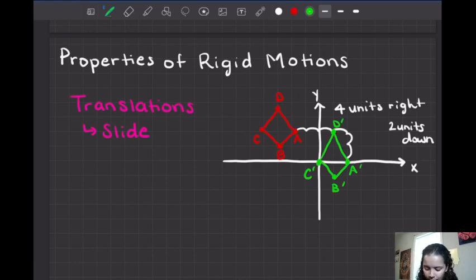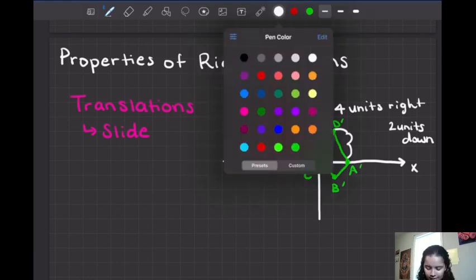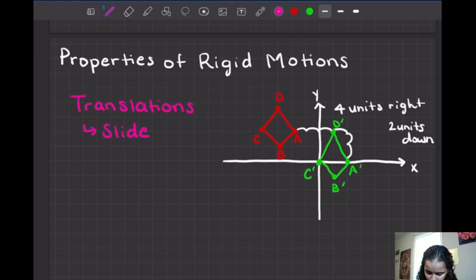So the property of translation specifically: if I were to draw a line segment connecting the point of the pre-image to the image, for each of these points, so let's say I draw a line segment connecting C and C prime, connecting B and B prime, and connecting A and A prime.